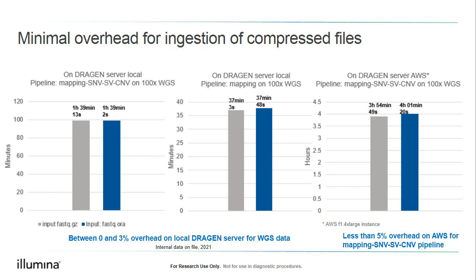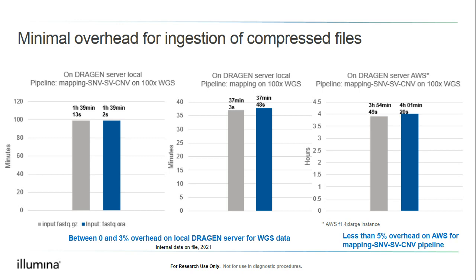However, if you were to input a FASTQ.ora file, then the analysis time is the same. So you're basically having a compressed file, but you are not slowing down any of the analysis that you can do. Similar metrics for just doing the mapping, you can see that the analysis time is very close to each other.